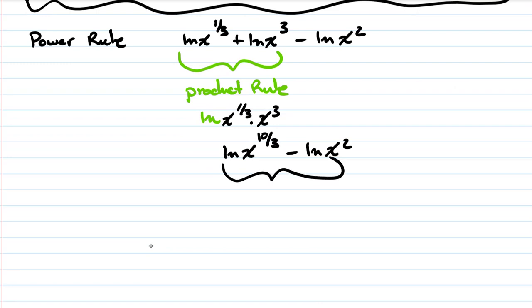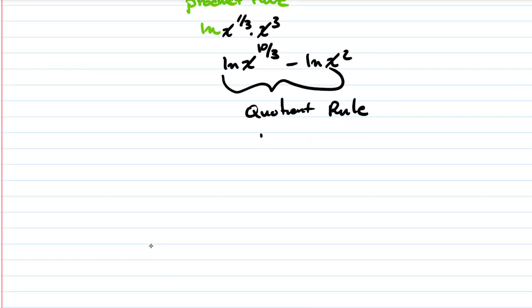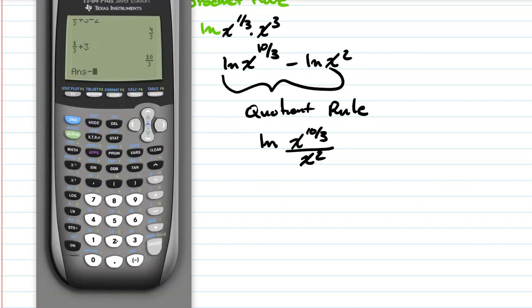Then on these two pieces, we would use the quotient rule, which says that we're going to divide. So we would have the natural logarithm of x to the 10/3 all over x squared. But if we divide two things with the same base, we subtract their exponents.